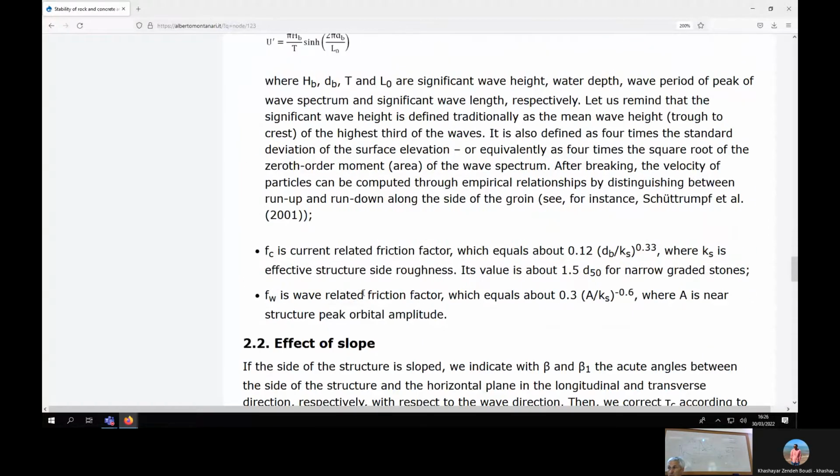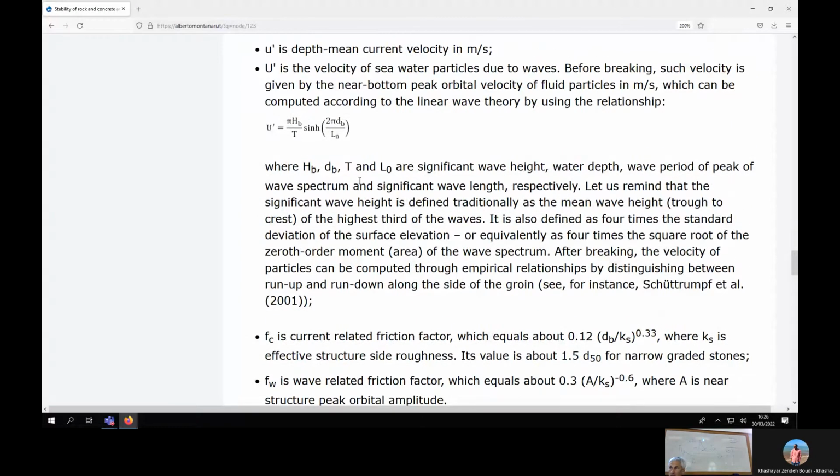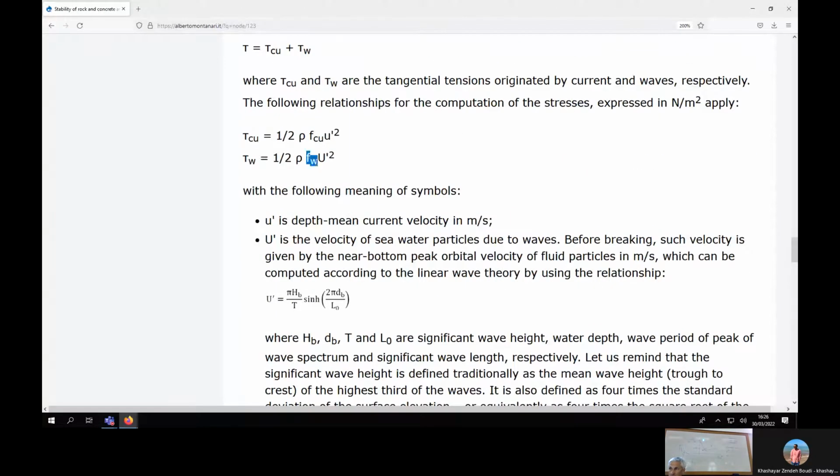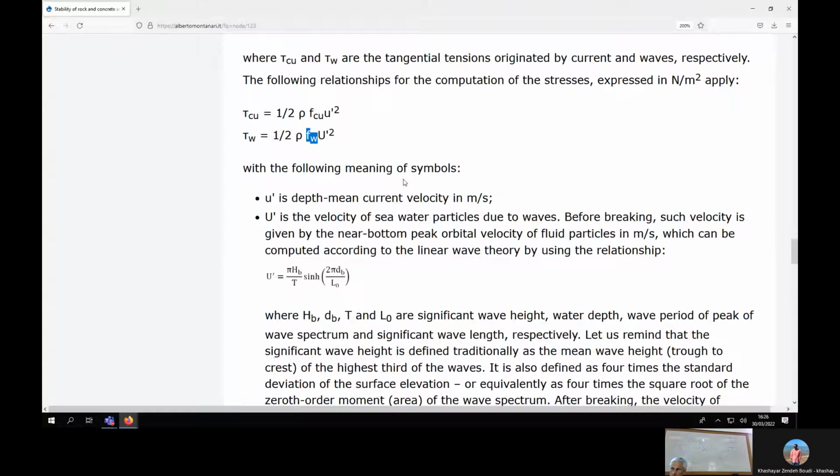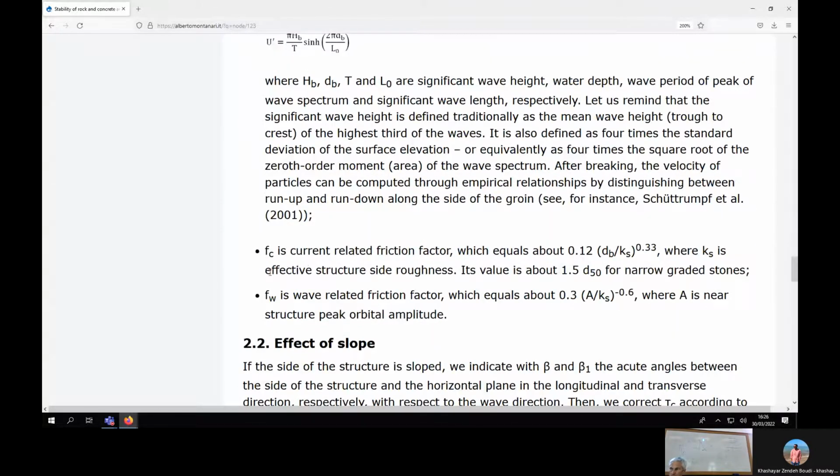Here, FW is a wave-related friction factor. I go back here. This is the wave-related friction factor. We have a relationship for computing it, which is given here, which again depends on the roughness of the structure of the groin or breakwater. The friction factor depends, of course, on the roughness of the structure, but it also depends on the wave orbital velocity.